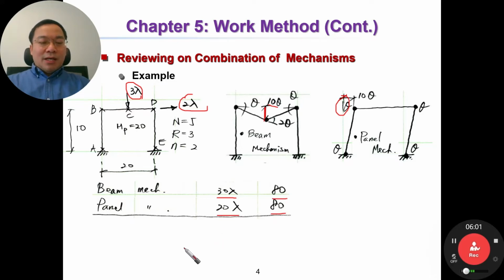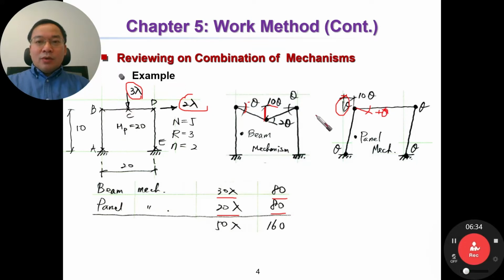And now we combine the two independent mechanisms. We have 30, 50 lambda and 160. But remember here we have minus theta, and in this angle it is plus theta.